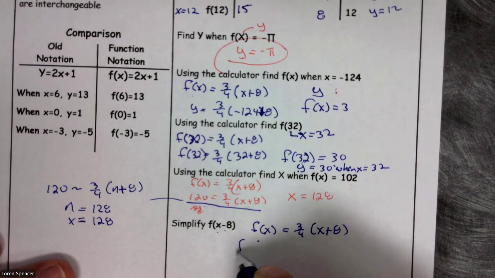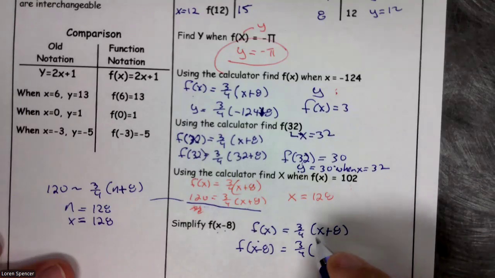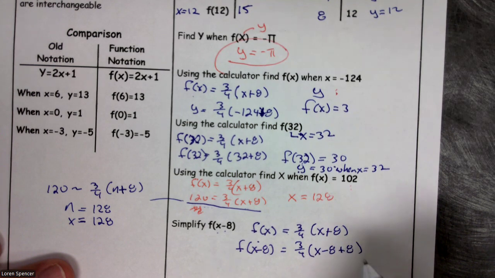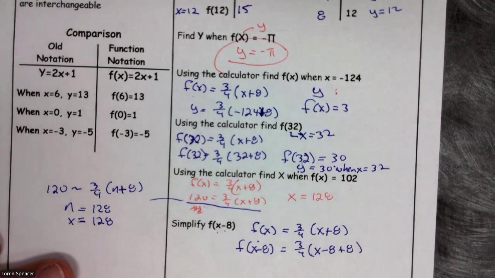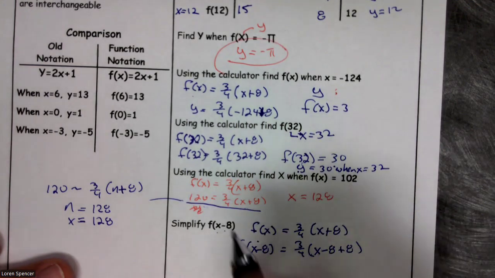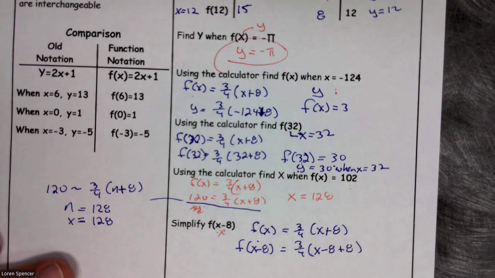So this is going to be 3/4 parenthesis x minus 8 plus 8, close parenthesis, because all I did was plug in the x minus 8 for the x. That's my x value, and I just replaced it with x minus 8.